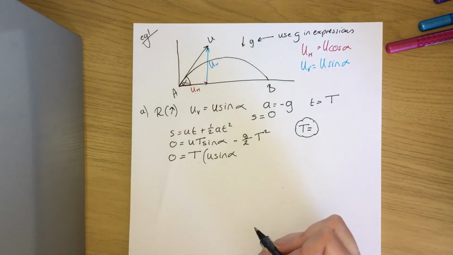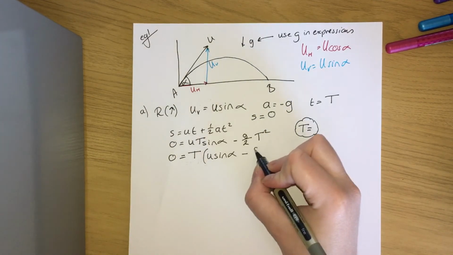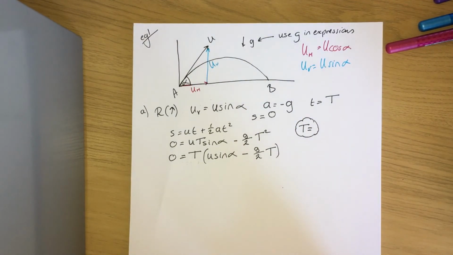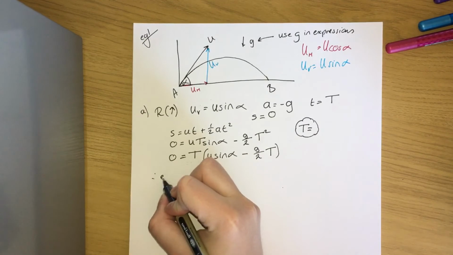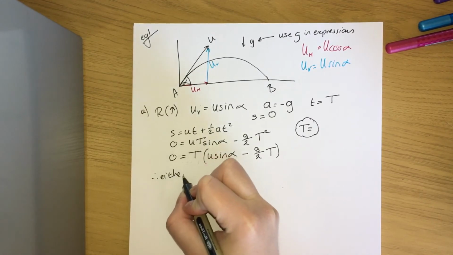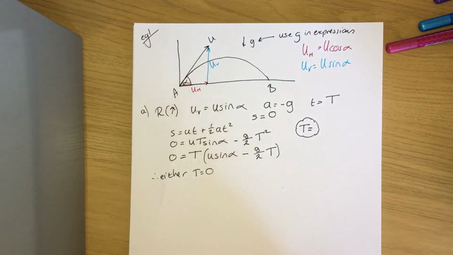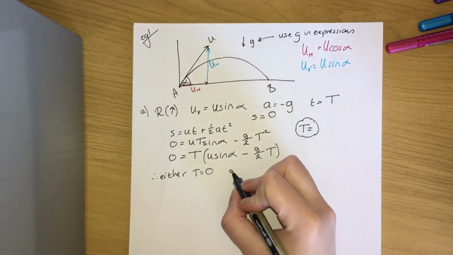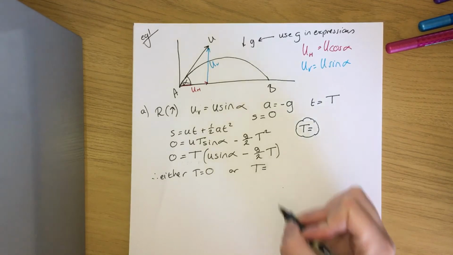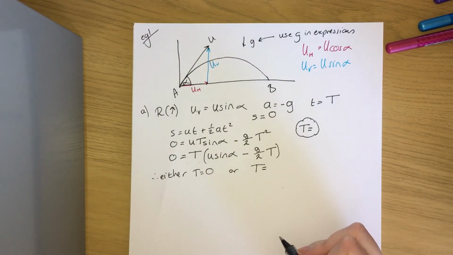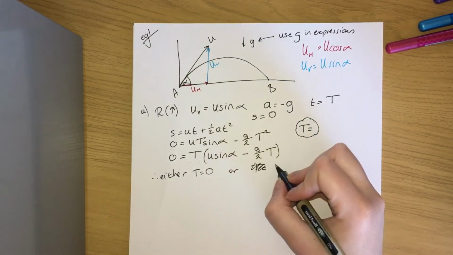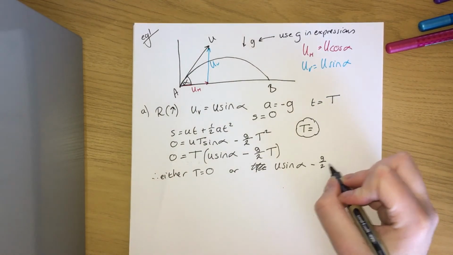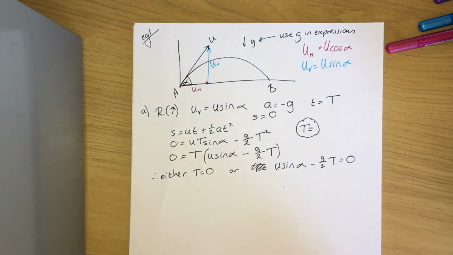So t brackets u sine alpha subtract g over 2 times t. Therefore, either t is equal to 0, which is great because that would be the initial time of the flight, or u sine alpha minus g over 2 t is equal to 0.